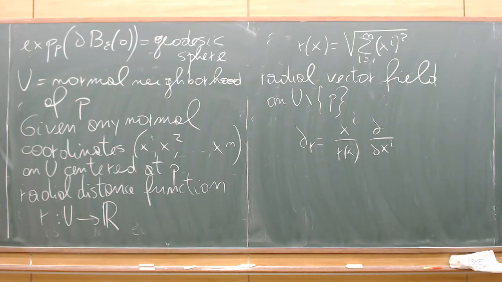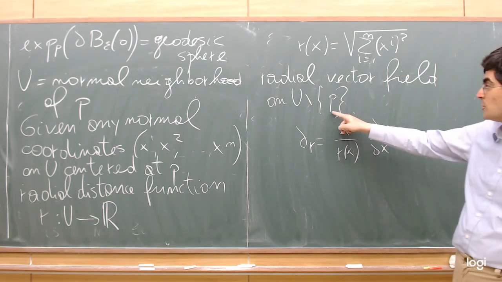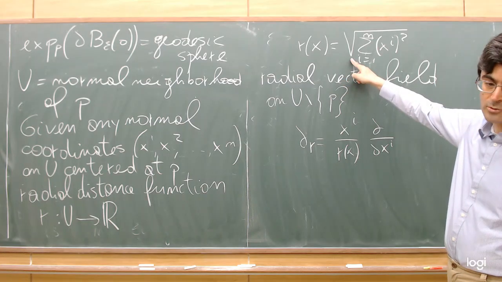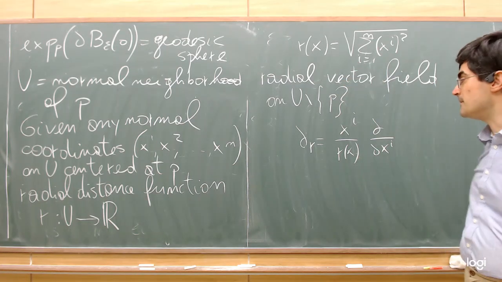Instead, R square is smooth also at P because when you take second power, the square root disappears.